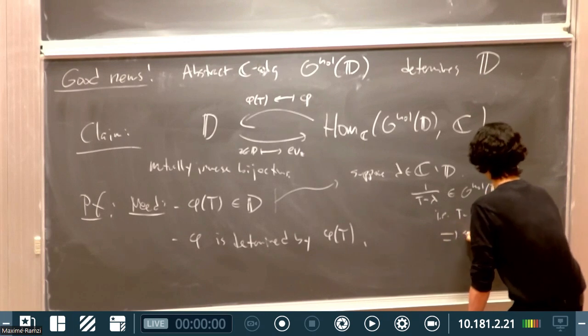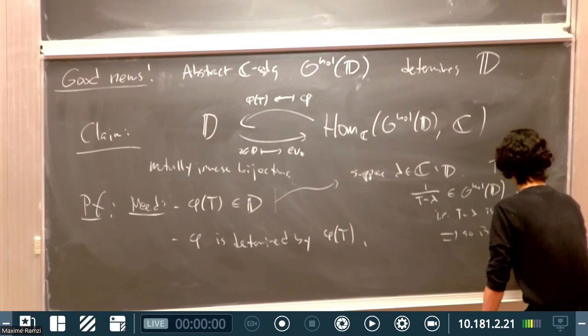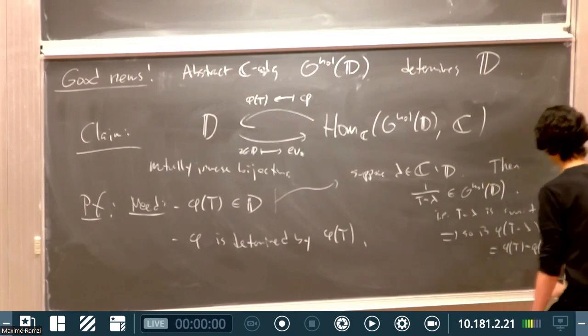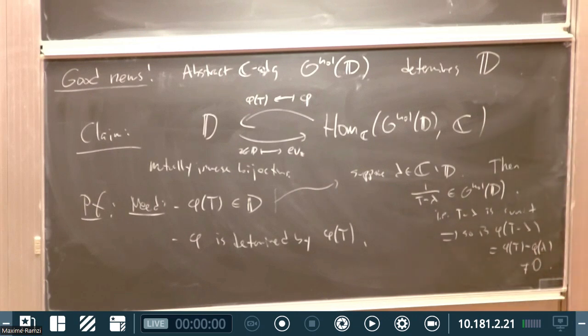And therefore so is phi of t minus lambda, which is the same thing as phi of t minus phi of lambda, which means that this is non-zero. So phi of t can't be equal to something outside the unit disk.